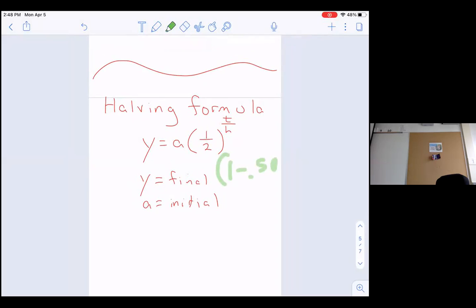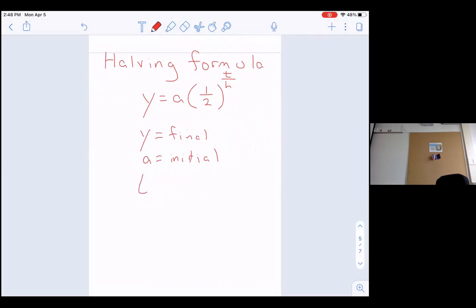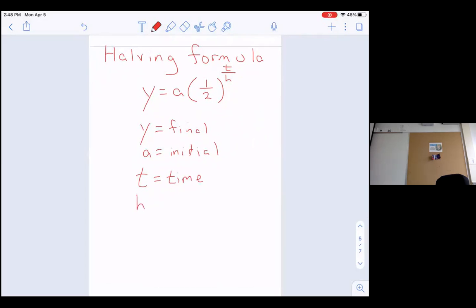So that's where this 1/2 comes from. It's just 1 minus 1/2. And since we use the halving formula kind of specifically for certain problems, this has its own special formula, but it's just kind of a derivation of the other one. T is time still. And H is the halving time.